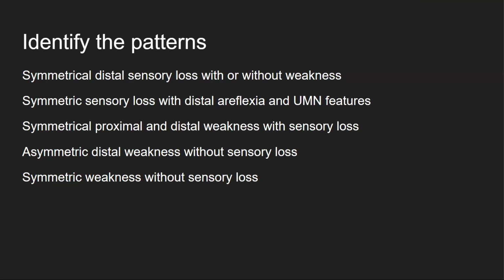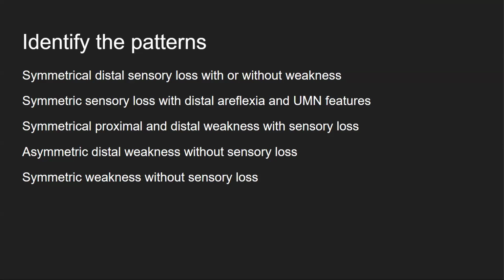Subacute combined degeneration, MND, Friedreich's ataxia. Very good, excellent. The third scenario is symmetrical proximal and distal weakness with sensory loss. Again it is peripheral neuropathy only, but this time it is a large fiber neuropathy.